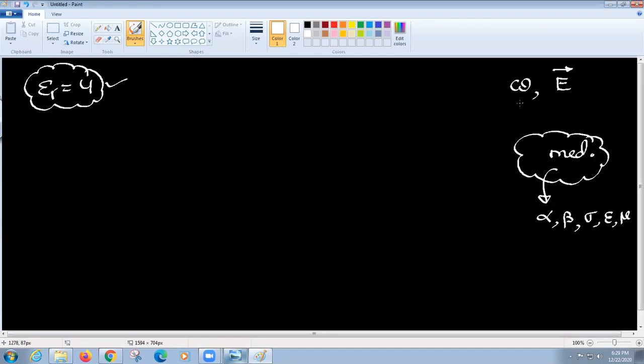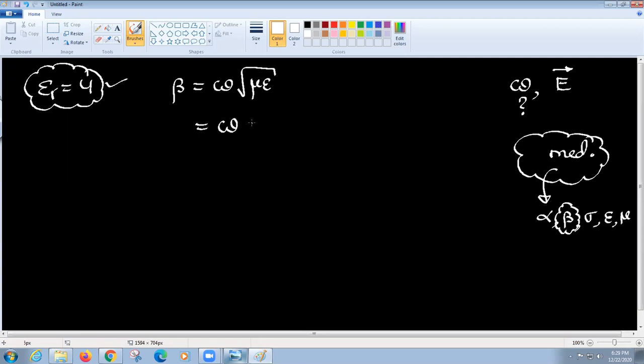I know beta has the information about omega, because for a lossless medium beta is equal to omega square root of mu epsilon. Beta or wave number both are same for a lossless medium. So beta equal to this, I have the information of omega in this case.